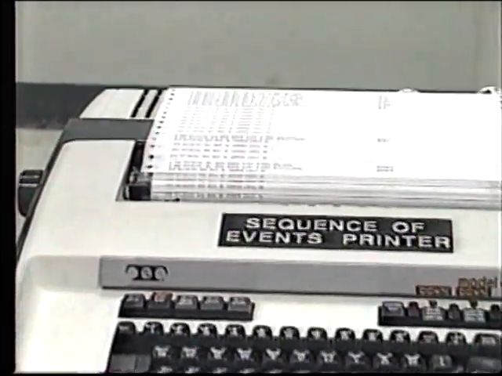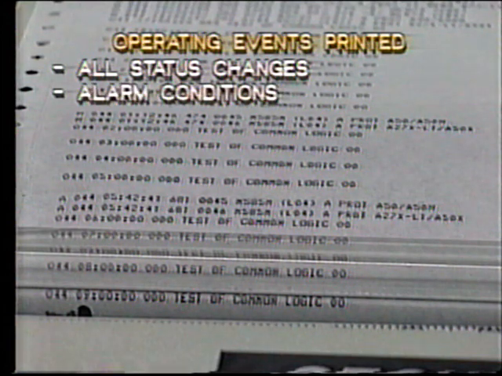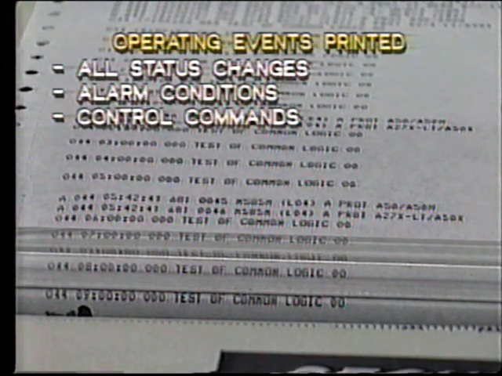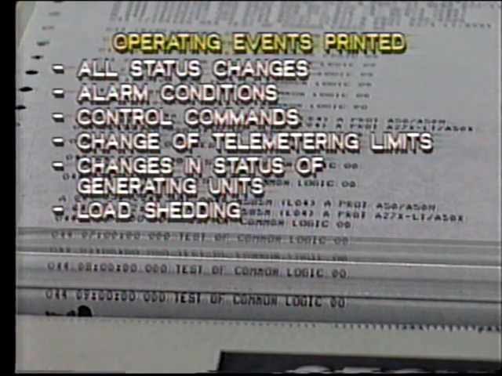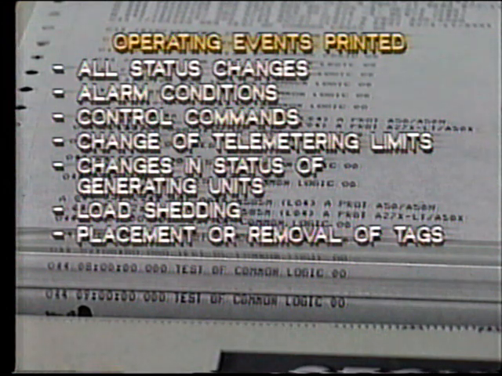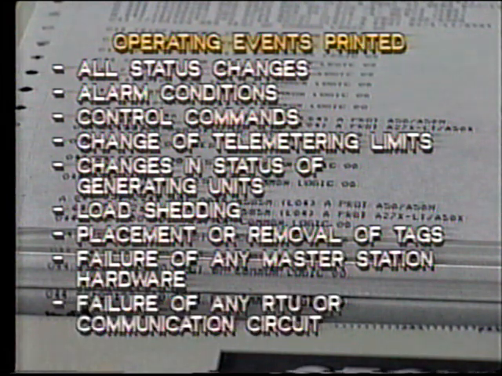This system provides a printed record including the time reference of all operating events which occur in the power system, such as all status changes, authorized and unauthorized, alarm conditions and return to normal conditions, control commands and consequent action, any change of telemetering limits by the dispatcher, any changes in the status of generating units, details of load shedding activity, the placement or removal of tags from equipment, failure of any master station hardware, failure of any RTU or communications circuit.